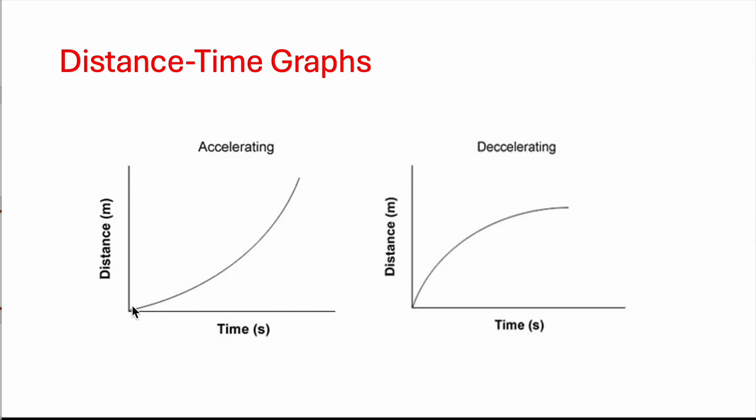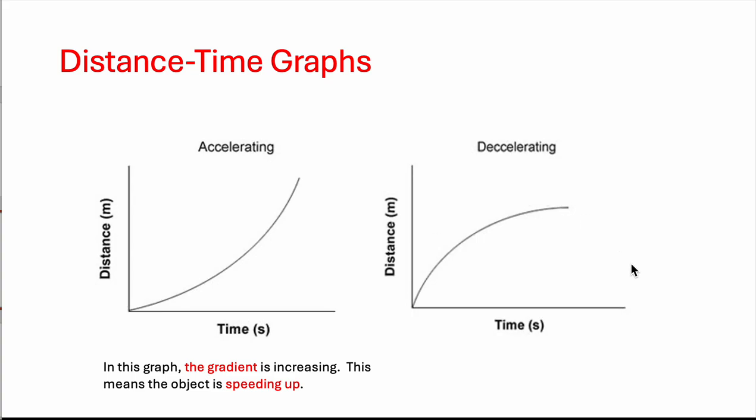On the left hand side, we can see that we've got a gradient which is increasing, and that's what's causing that upwards curve. The gradient is increasing, and so therefore the object's speed is increasing, and therefore it is speeding up. So any time you see a distance time graph with a curve up, it means the speed is going up.